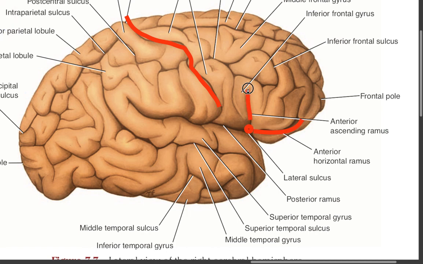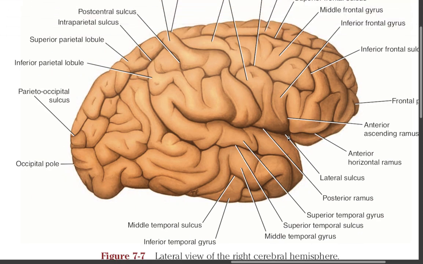This is the anterior ascending, and it will continue backward to have the posterior ramus. So again, the lateral sulcus has three parts: the anterior ascending ramus, the anterior horizontal ramus, and one posterior ramus. Those are the parts of the lateral sulcus.